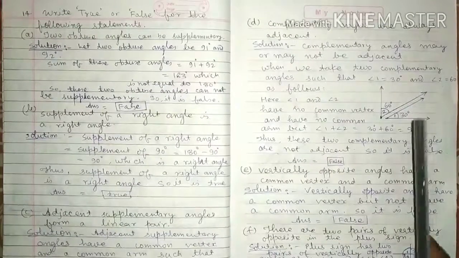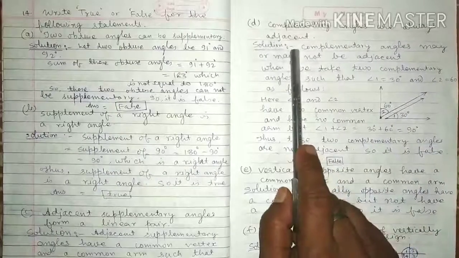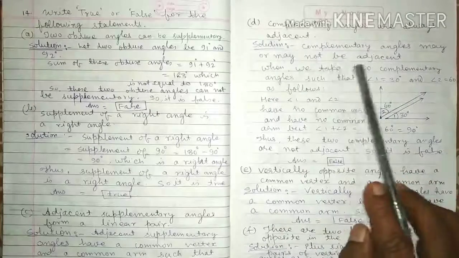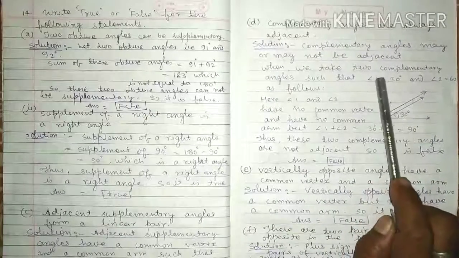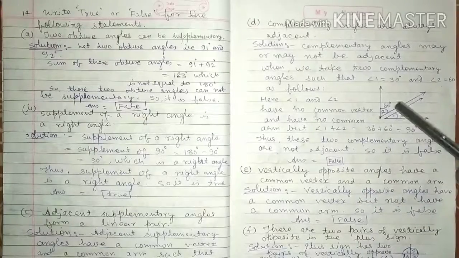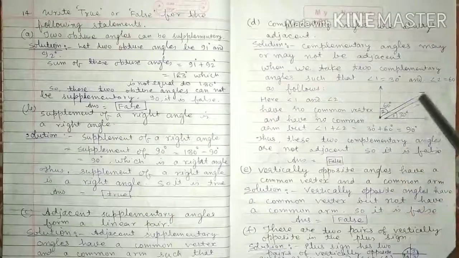Question number D. Complementary angles are always adjacent. For the solution of this question, complementary angles may or may not be adjacent. When we take two complementary angles such that angle 1 equals 30 degree, angle 2 equals 60 degree, as follows in this figure.